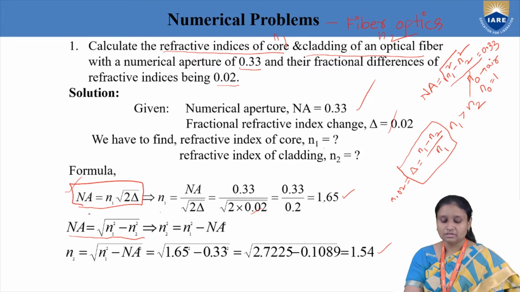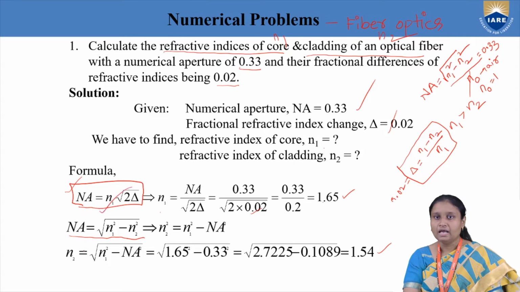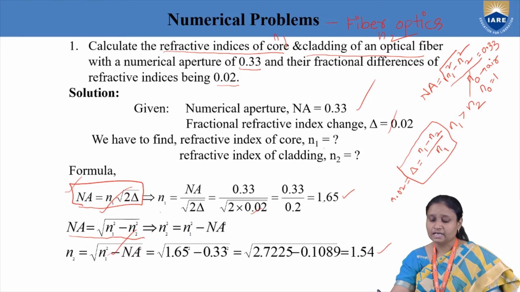First, I can find core, because both are not given. I can find core refractive index using this formula, and I can find cladding refractive index using this formula. One more formula we can also use in order to find refractive index of cladding, because we know the value of n1 and we know the value of delta.